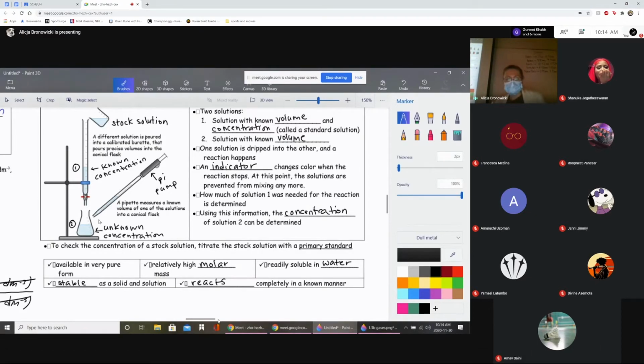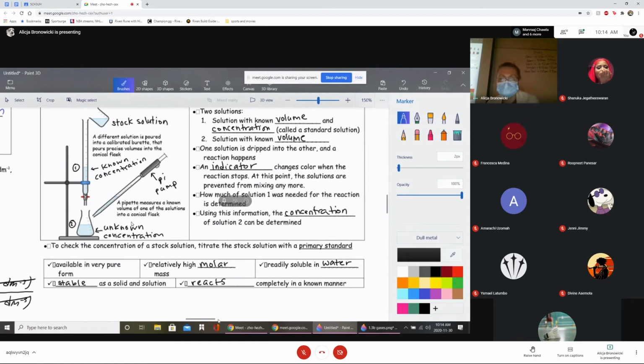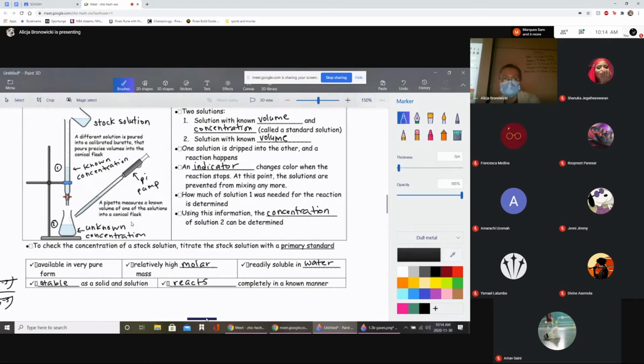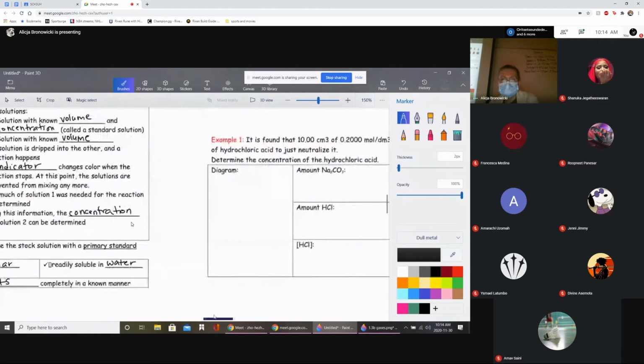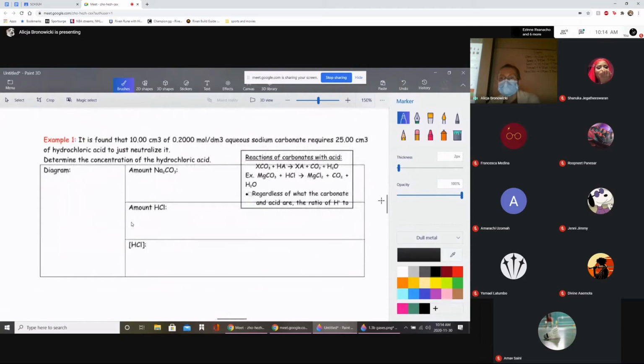So let's take a really close, step-by-step look at a titration. What's going on at a molecular level with a titration? Titration is even something that you might do for your IA when the time comes.